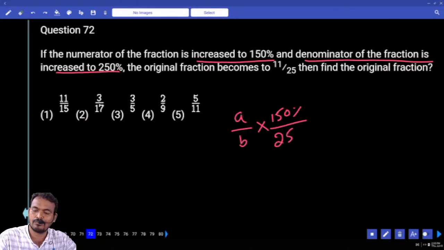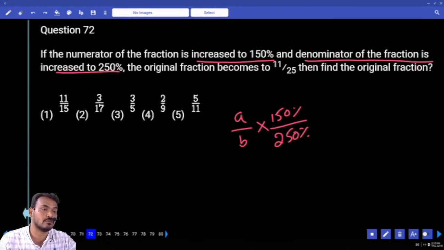Increased to means numerator 150% of A, denominator 250% of B. If it is increased by, we write numerator 250, denominator 350. Increased by means numerator value 250, denominator 350.